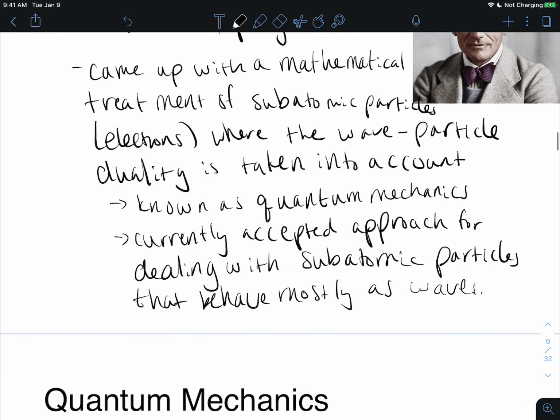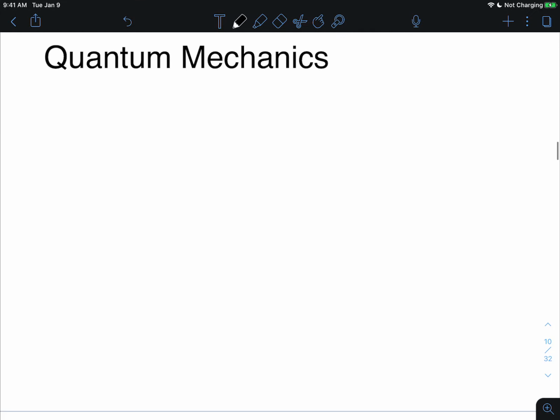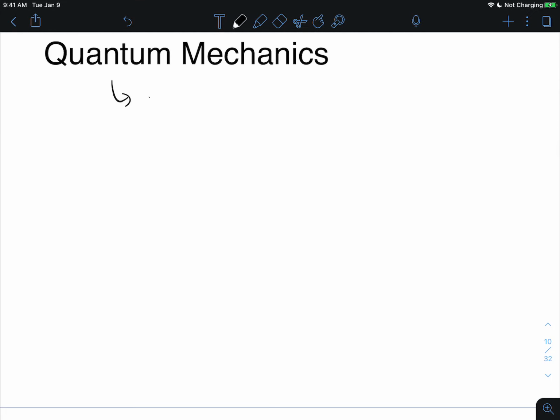Okay, so let's look a little bit at quantum mechanics. This is also known as wave mechanics.